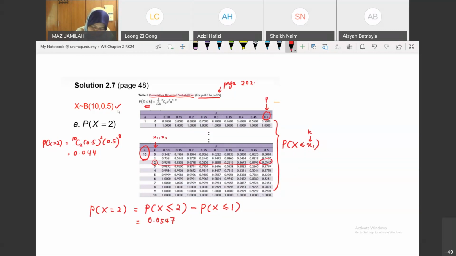Let us check whether this is correct. It should be the same if you count the value correctly. P(X less than or equal to 1) is 0.0107. So what is the value here?